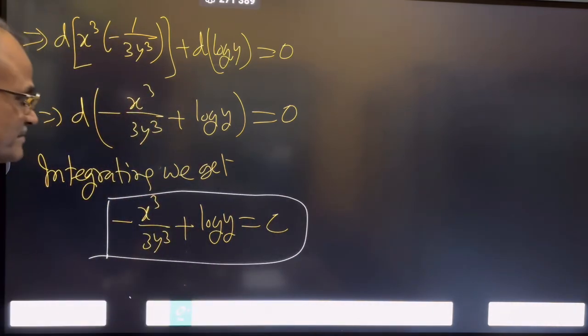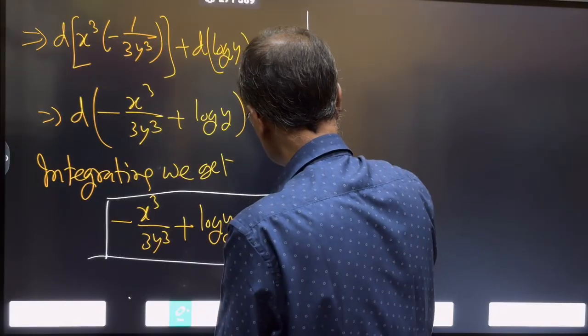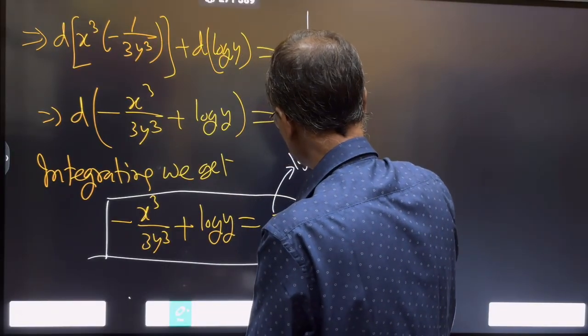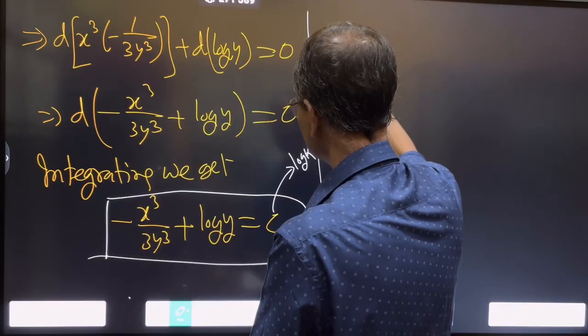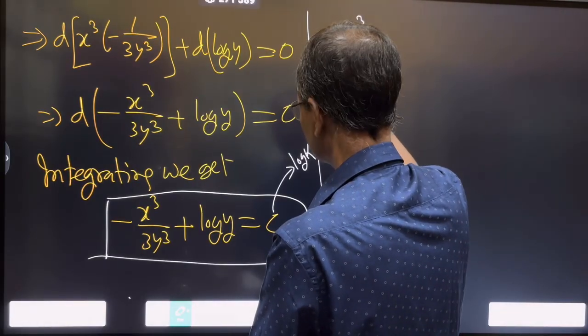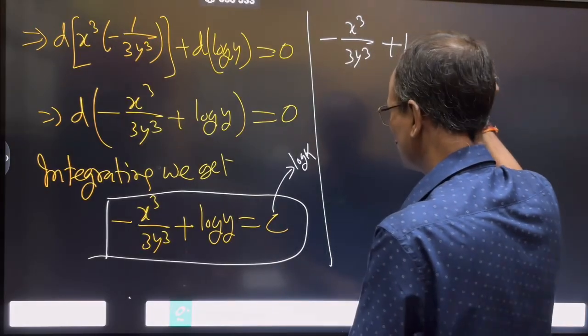This is the answer. Or for c, write it as log k, then minus x cube by thrice y cube plus log y is equal to log of k.